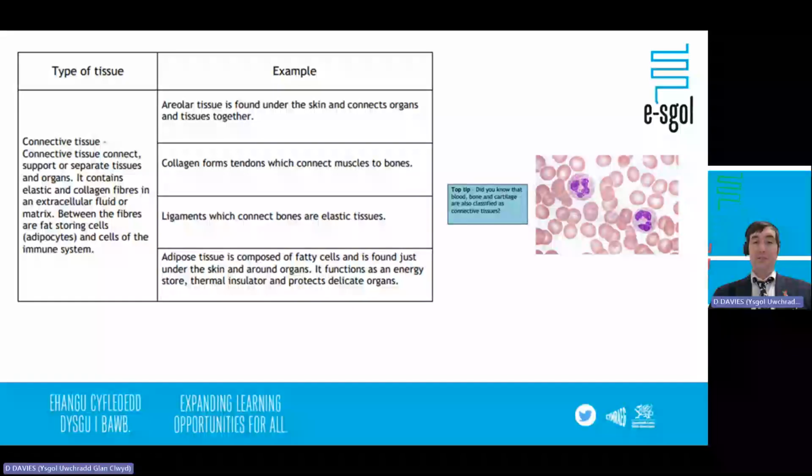Adipose tissue: this is fat cells found just under the skin. These cells have vacuoles in them that are filled with fat.